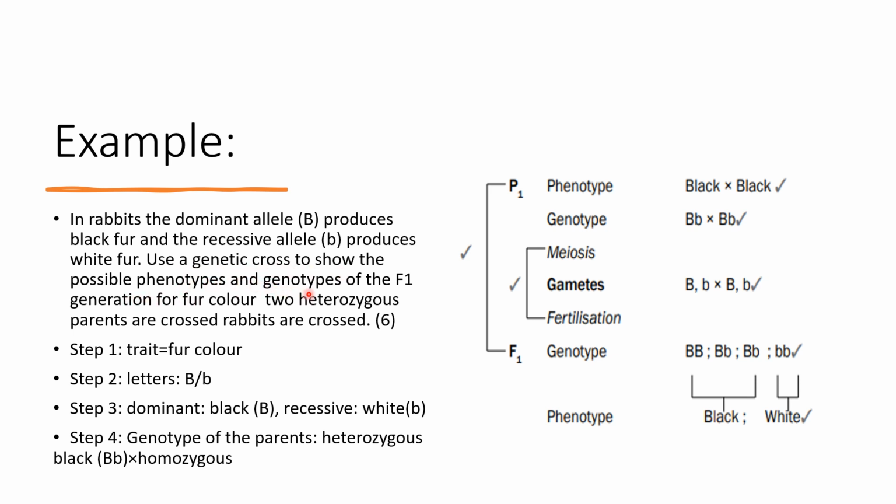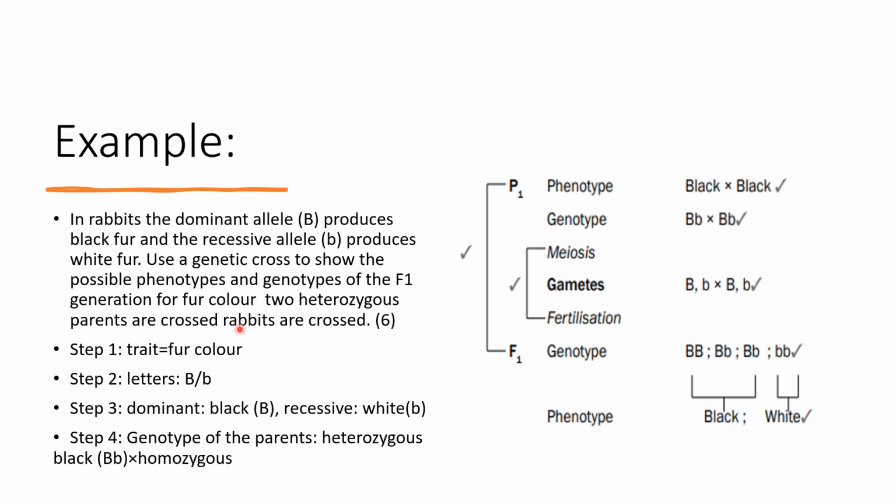Use the genetic cross to show the possible genotypes and phenotypes of the F1 generation for the fur color if two heterozygous parents are crossed. This was not typed well, but the question just says use the genetic cross to show the possible phenotypes and genotypes of the F1 generation if two heterozygous rabbits are crossed.